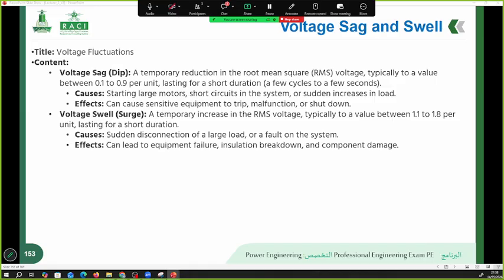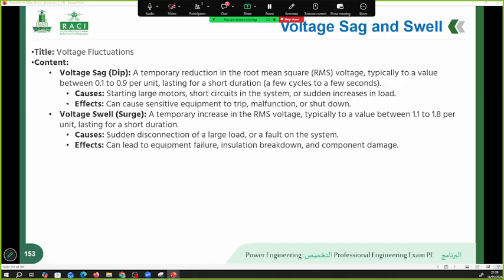And voltage swells are often caused by the sudden disconnection of a large load from the system. This can cause the voltage to momentarily spike before the system's control mechanisms can stabilize it.